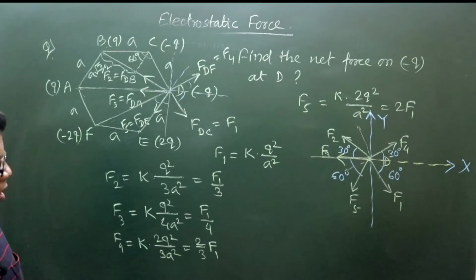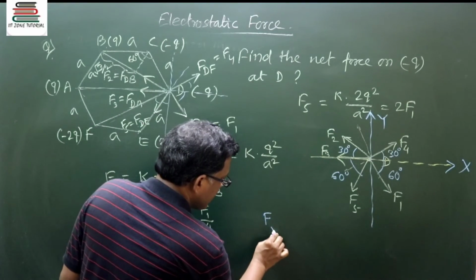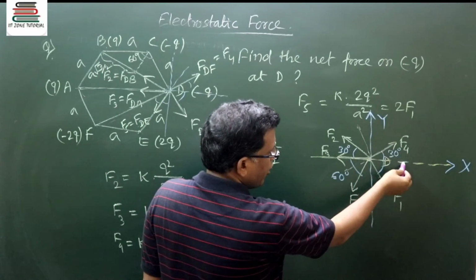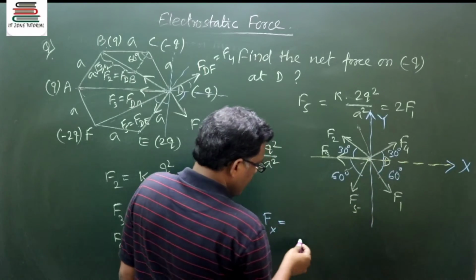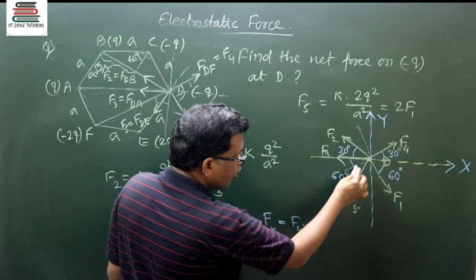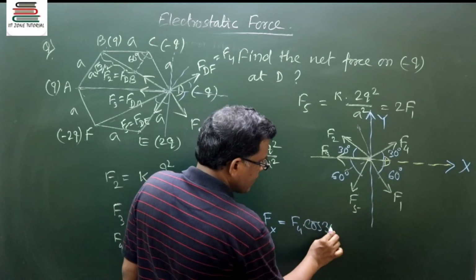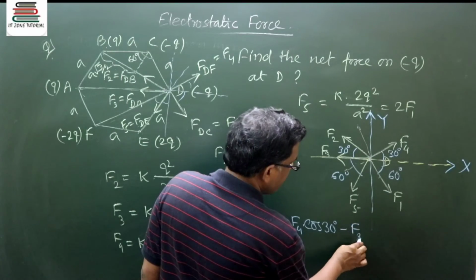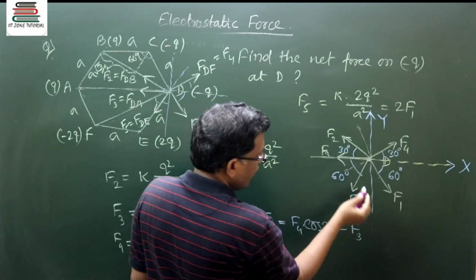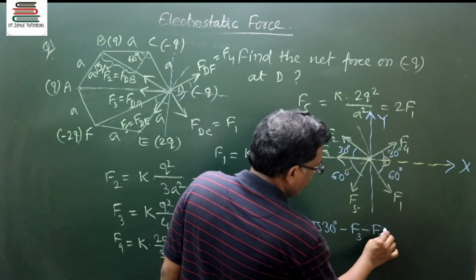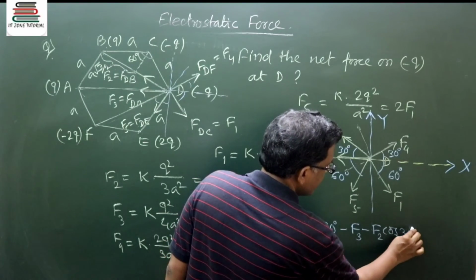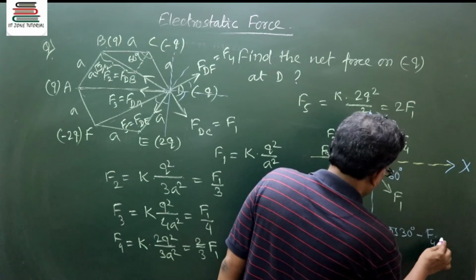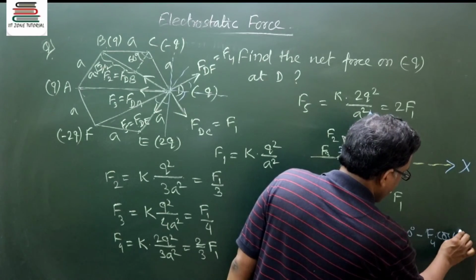So for the total force on the x axis, Fx: I get one component of F4 towards positive x, that will be F4 cos 30, plus, minus F3, minus F2 cos 30, minus F5 cos 60. These are all x component forces.